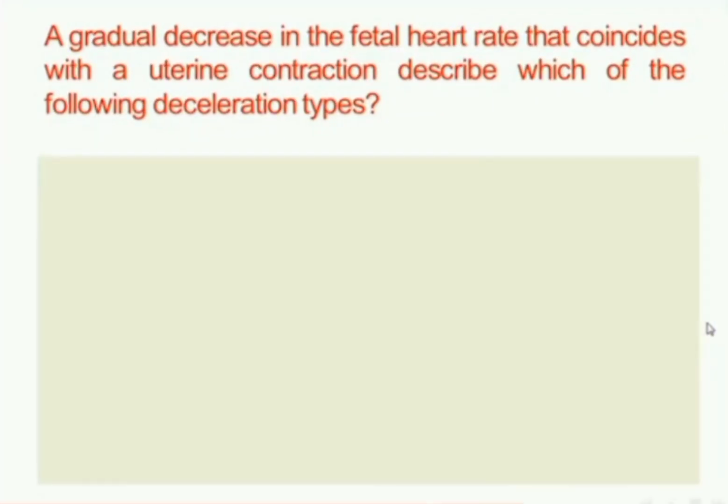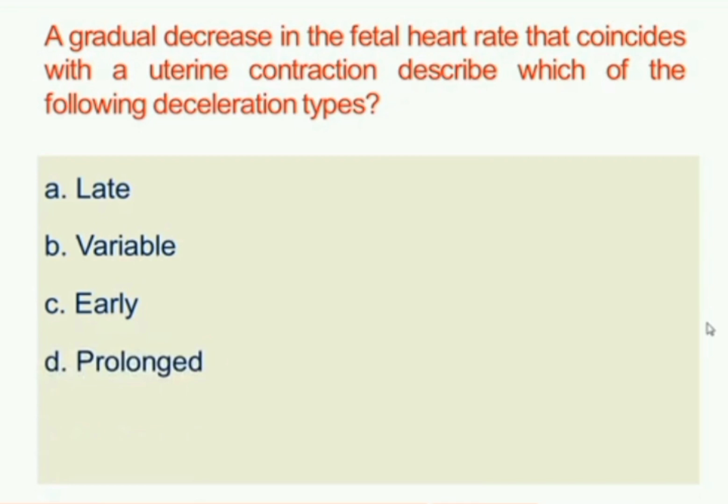A gradual decrease in the fetal heart rate that coincides with the uterine contraction describes which of the following deceleration types? Either late, variable, early, or prolonged. You must know that the deceleration which coincides with the uterine contraction is actually the early deceleration.